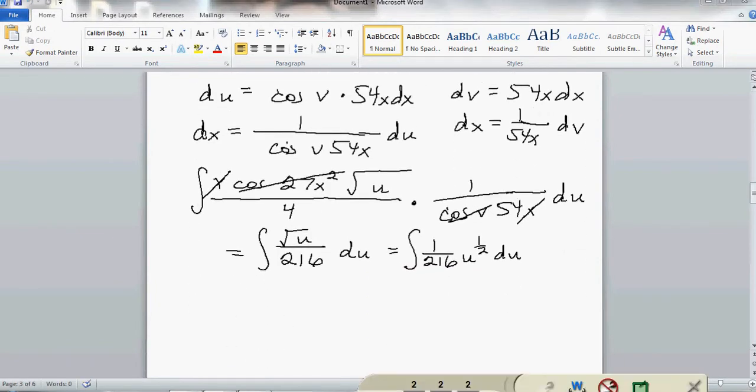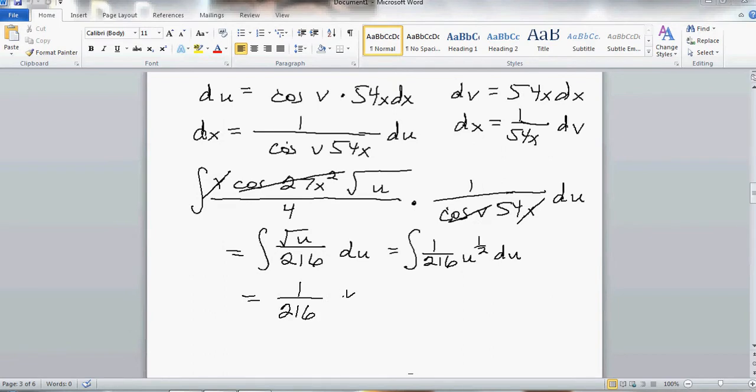And so this will equal 1/216 u to the 3/2, times 2/3 like that, plus c. And let's see. This becomes the square root of u cubed.